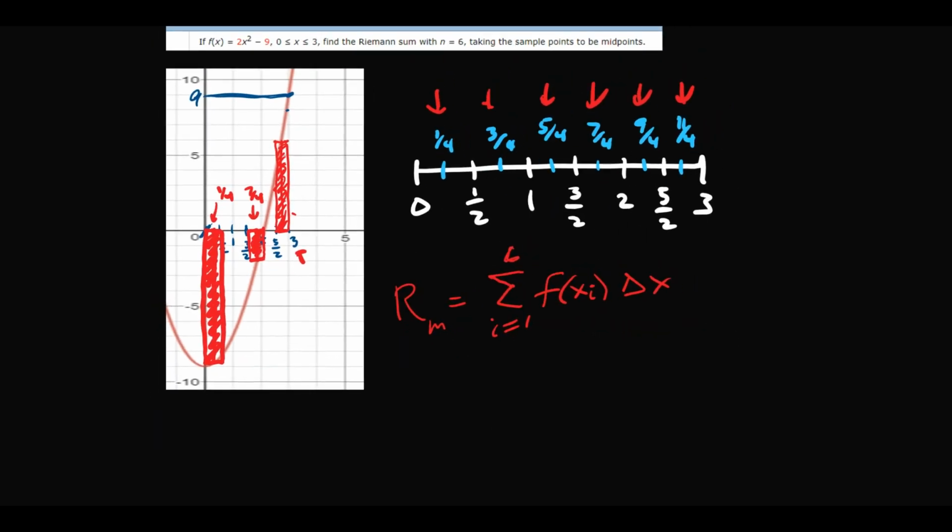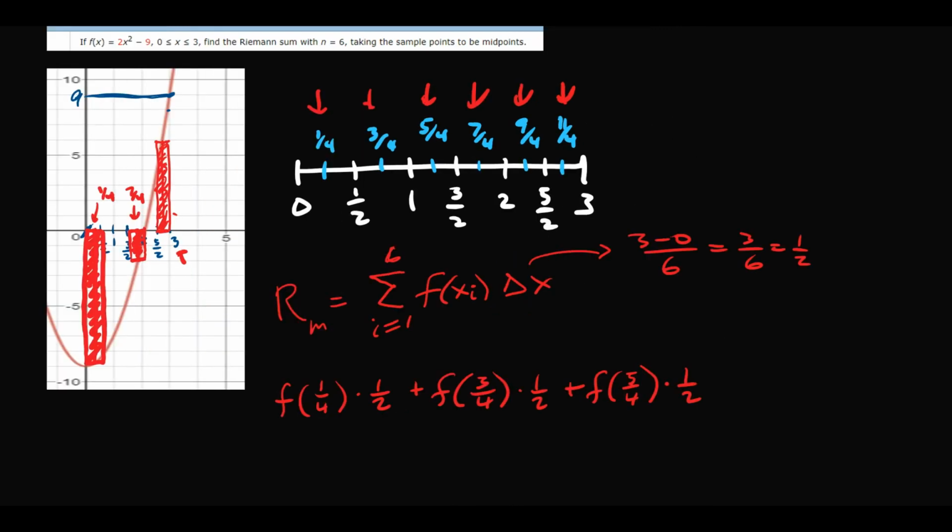So it'll be basically, let me write it out and I'll come right back. Okay, so I've started to write them out. So I took the 1/4 there, and finding the height of the rectangle at 1/4, then I multiplied times delta x. Delta x ended up being 1/2. Okay, you do the 3 minus the 0 divided by the number of partitions.